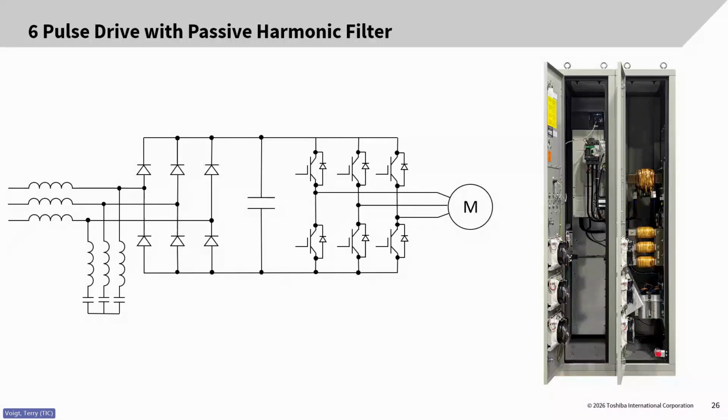It's basically a big ACL on the front end, and then there's a tuning circuit which has a line reactor, and at the bottom you see the capacitors. Ultimately, this is the filter that traps the harmonics inside of the circuit. It will absorb all of the harmonics being generated by the drive and prevents them from getting into the power system.